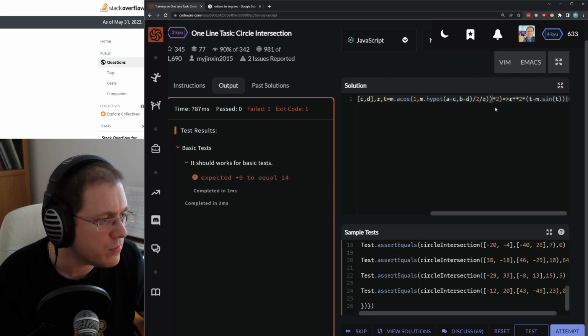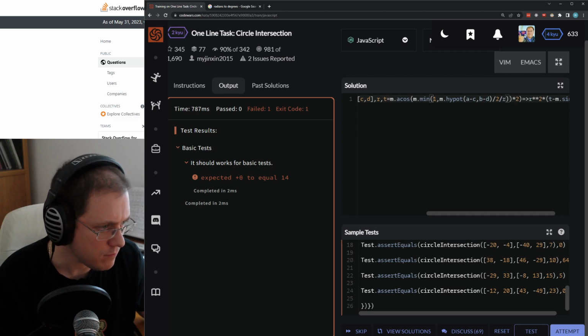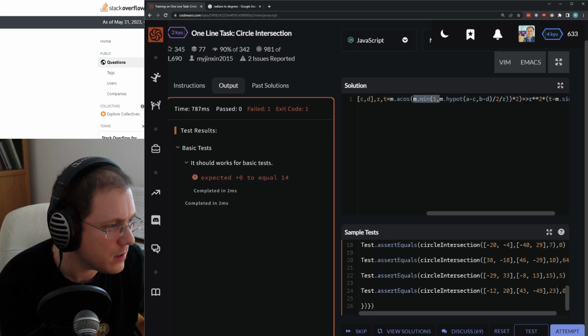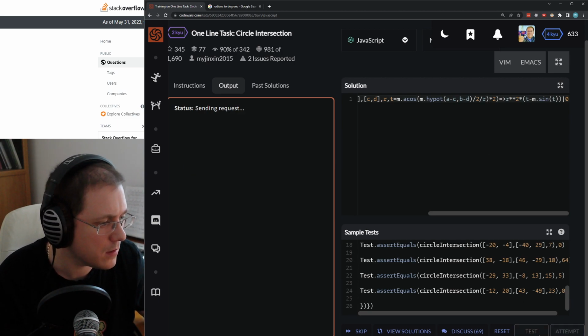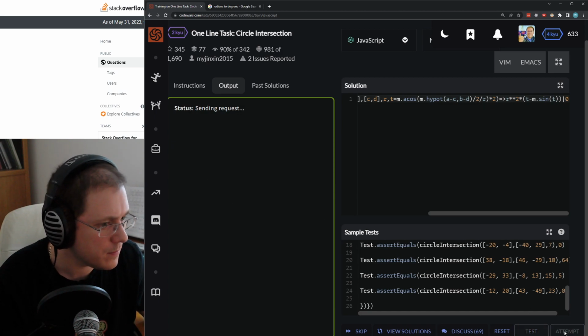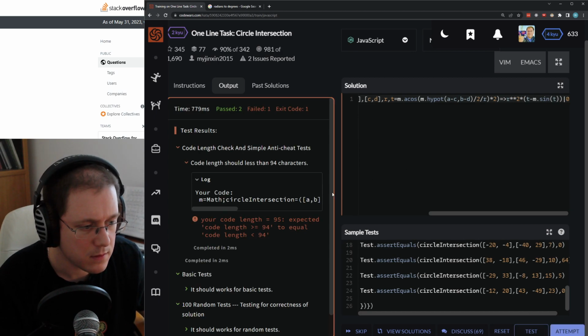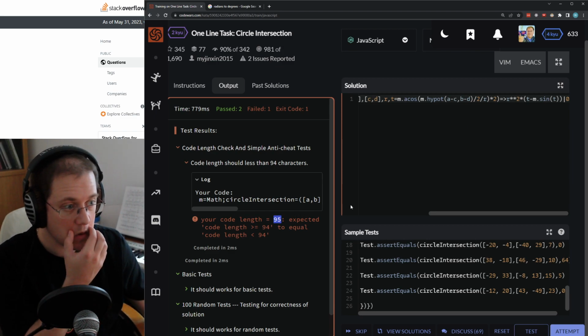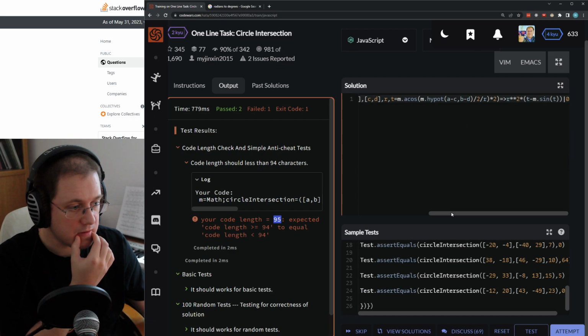Or unless I've removed the bracket from the wrong place. Oh, I kept the 1. Did I keep the 1? I think maybe I kept the 1. Yeah. Oh, 95. We need to get rid of one more character.